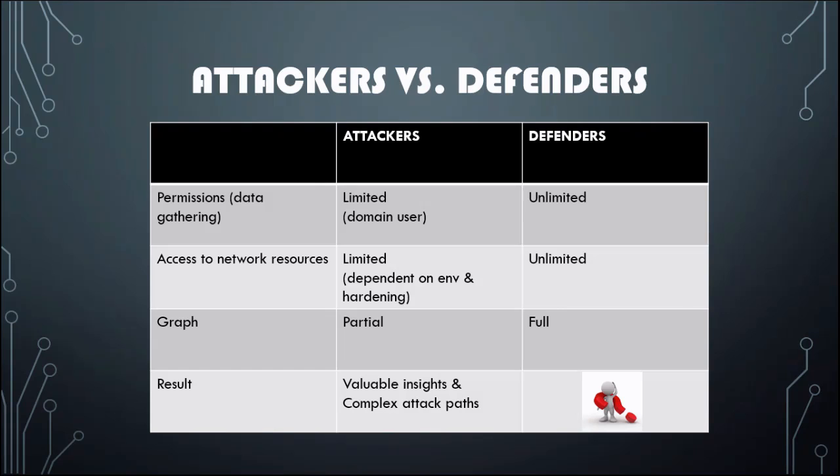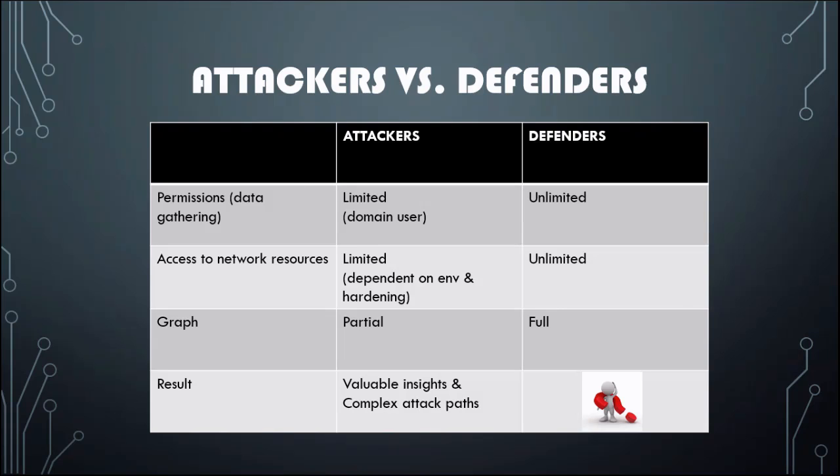Now, as a result, attackers have limited access to network resources. This is something that depends on the configuration and hardening of the environment, since a lot of the data gathering methods require that you have administrative privileges on the target machine. So attackers would not be able to retrieve the information from all the computers. Again, defenders can access any resources that they want.